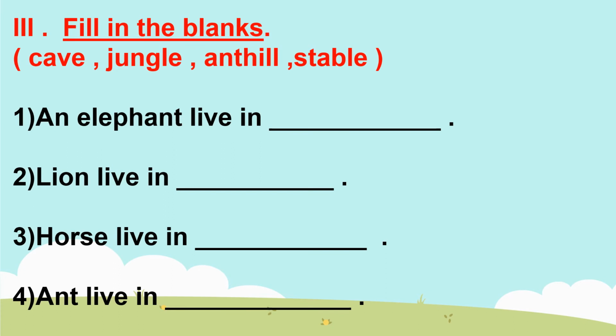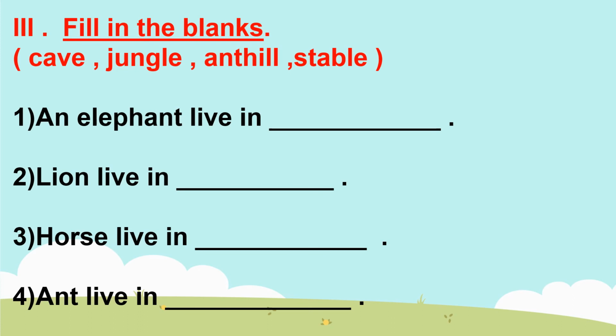Number 1, an elephant lives in dash. Which is the correct option, children? An elephant lives in, very good, jungle. So you have to write jungle.